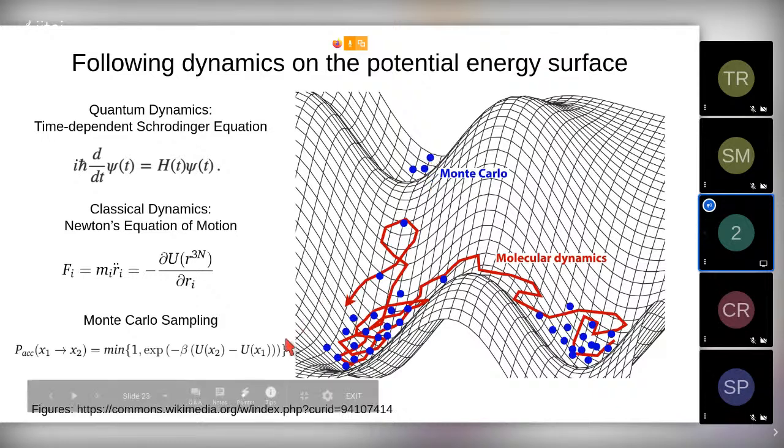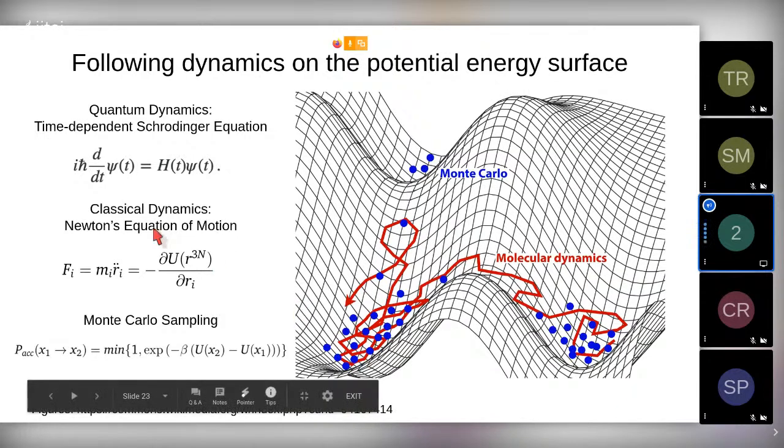This sampling process will give you structures which are more probable due to their low free energy value or low potential energy value. For example, these blue dots as you see here can be found depending on their probability. But the dynamics is actually missing in a Monte Carlo sampling. So it is not propagated along the time.